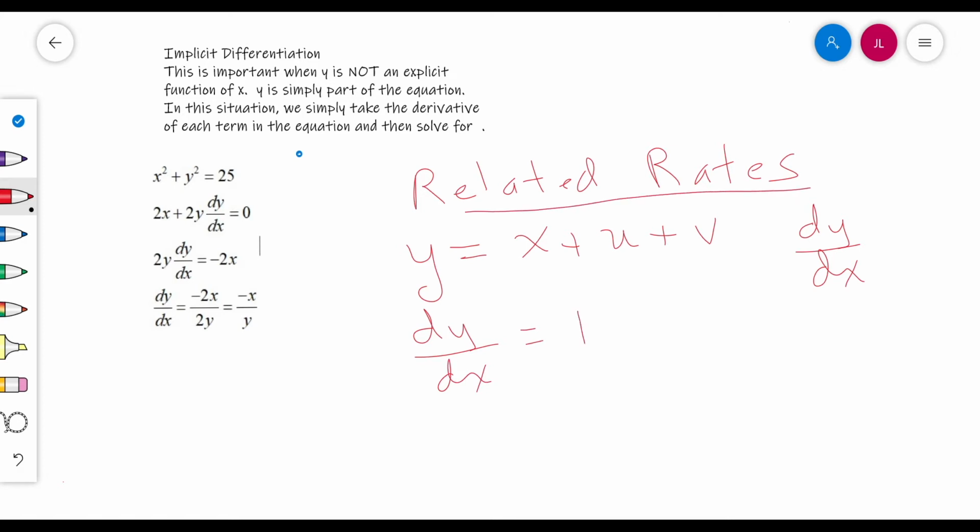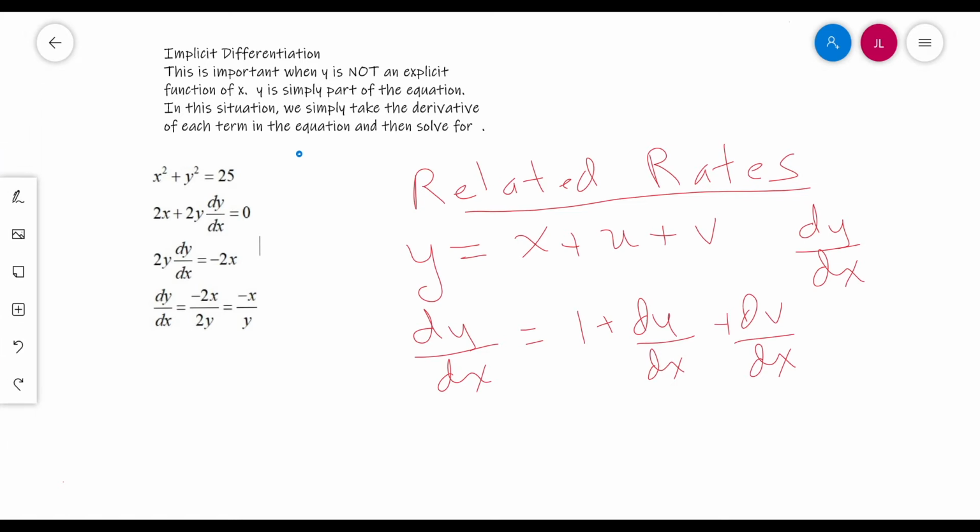The derivative of x with respect to x is 1, but then we just have du/dx plus dv/dx. Remember, when we just have a symbol, we have to make assumptions about what it is, and the derivative we're asked to find with a problem context tells us the kind of assumptions we make. And we don't know what u and v are, but we have symbols for the derivative of u with respect to x and the derivative of v with respect to x.